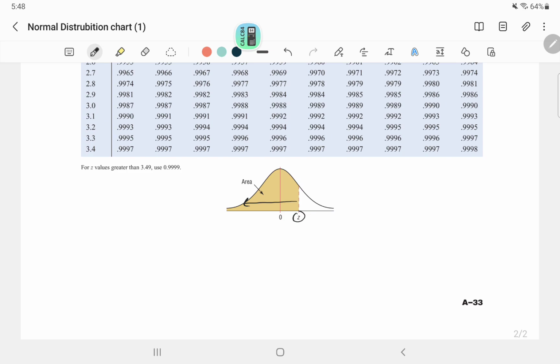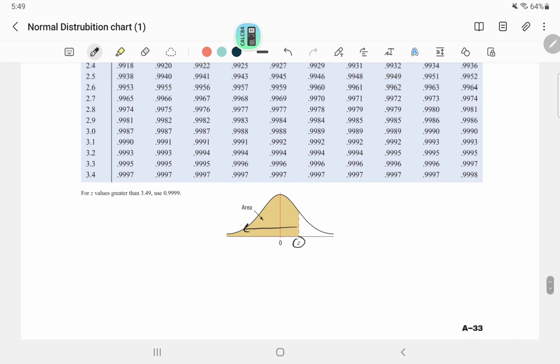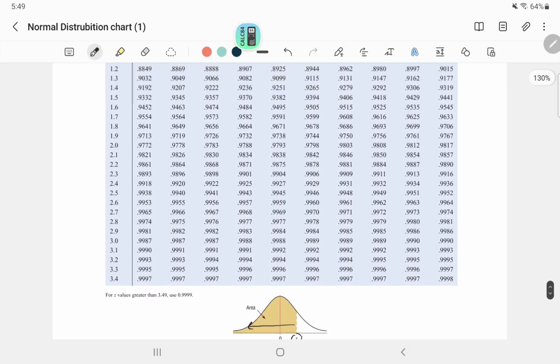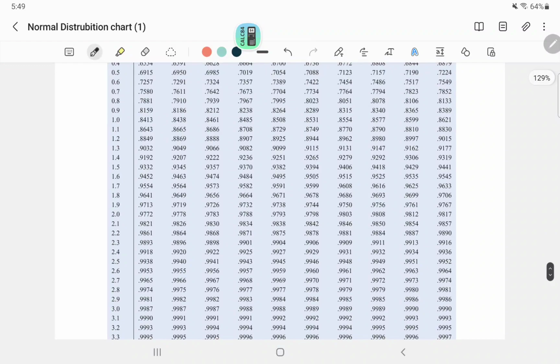So we're given the probability, and the probability is the majority of the curve shaded. And we want to find the z-score of that given probability. Now, let's go into the body of the z-score table and find the probability of 0.9875.